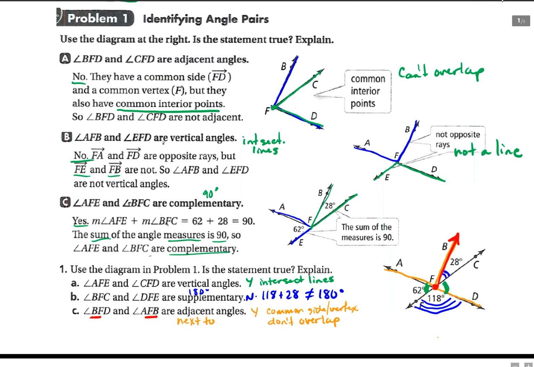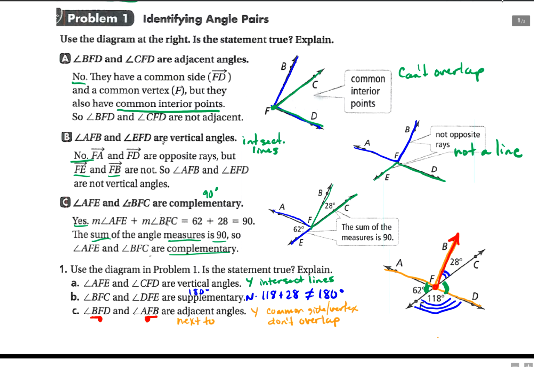BF and FB, those are the same ray. And F is our vertex, right? Vertex is always in the middle. So you can look at the names and see that they have a common vertex and a common side. And then you can just look at the angles and see if everything else fits, if they are not overlapping, if they are adjacent.